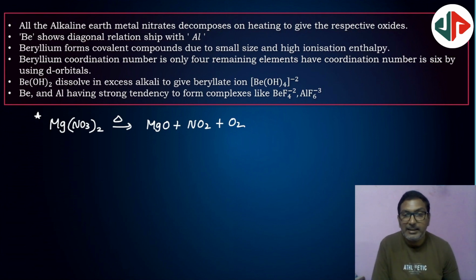Remaining elements can expand their valency up to 6 due to the availability of d orbitals in valence shell. So Be can form maximum valency 4, beryllate ion. While aluminium can expand its valency up to 6, hexavalent, due to availability of d orbitals.